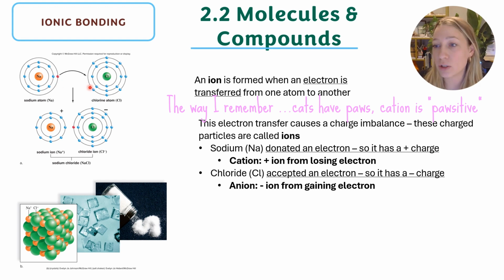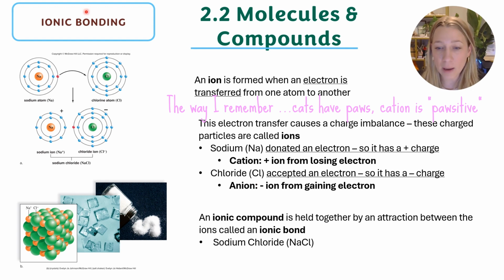So when chlorine accepts a donated electron, it now has a net negative charge, because it has one more electron than proton. So cations have positive charges, anions are ions that have negative charges.